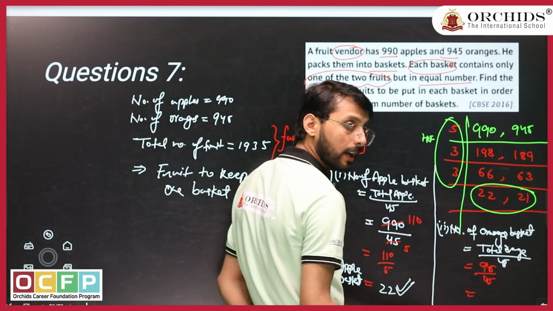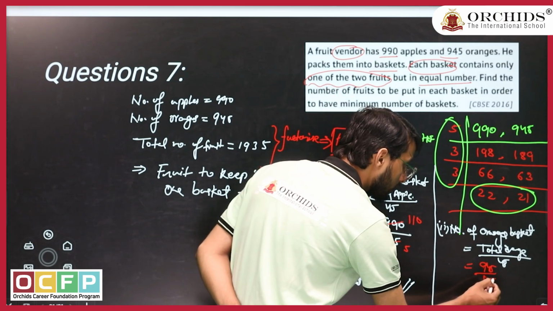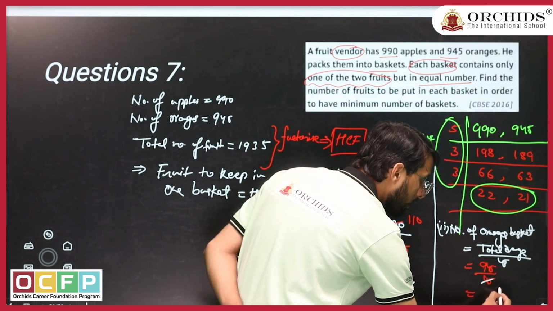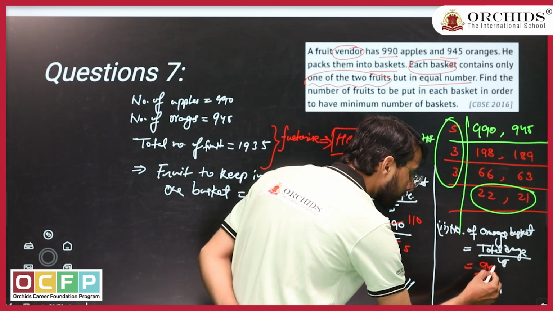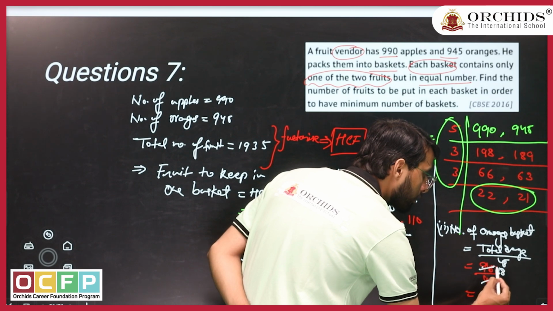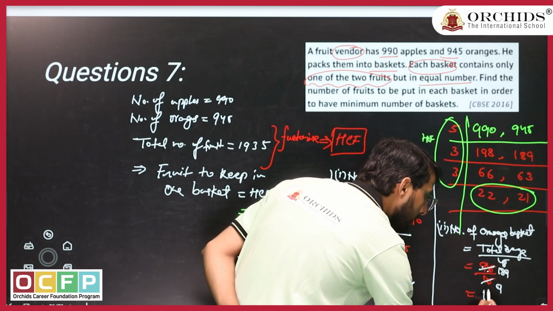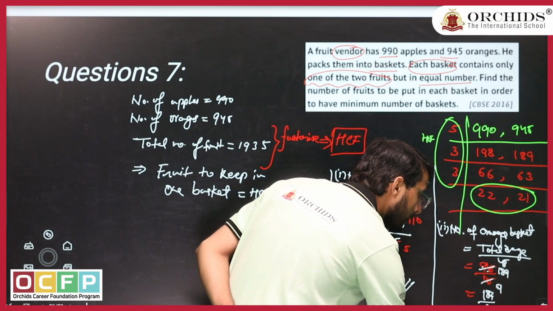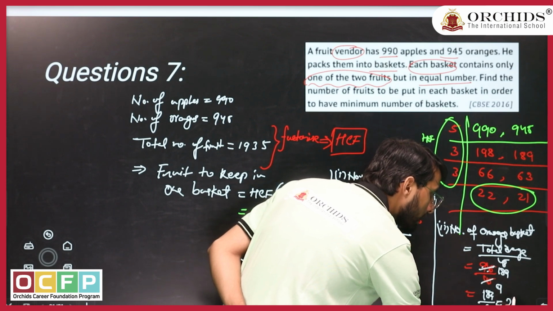Now 45 and 945. If you go this way, 5 9s are 45, and 5 1s are 5, 4, 44, 5 8s are 40, 5 9s are 45. So you got 189 by 9, which equals 2 and 1.